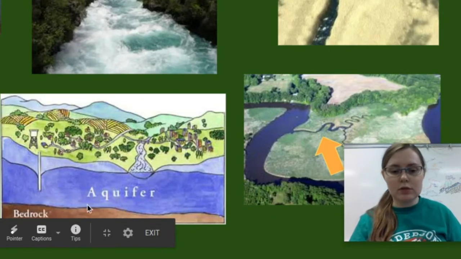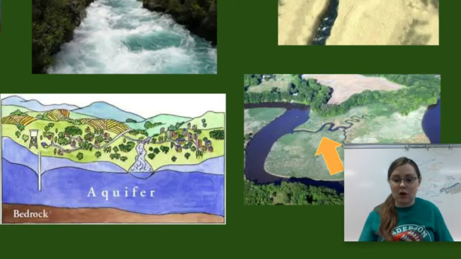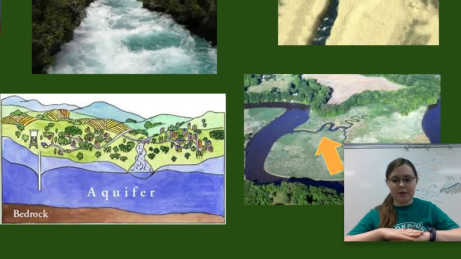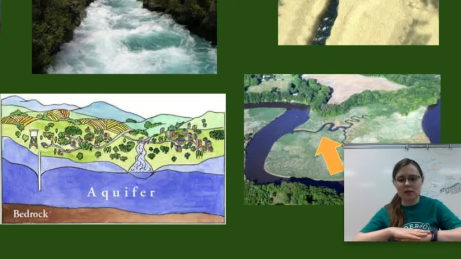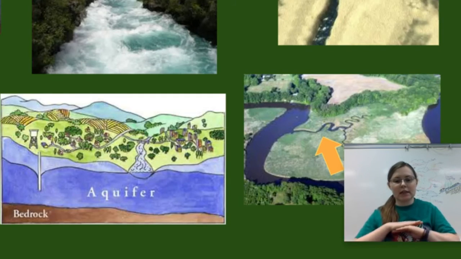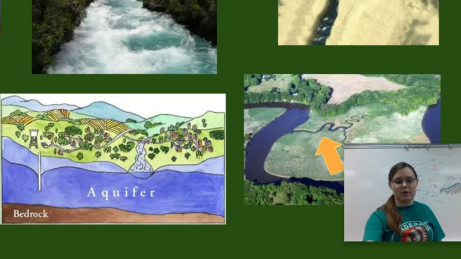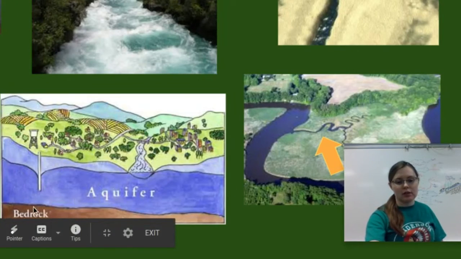And then we have what's known as aquifers. This is probably the most difficult as far as vocabulary terms that we have. So an aquifer is where groundwater kind of gets trapped in between layers of earth. So you start with a very solid, you can see it's colored brown, it's labeled bedrock.